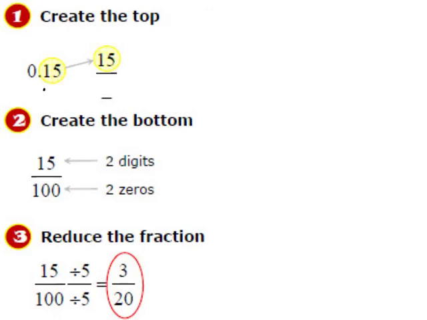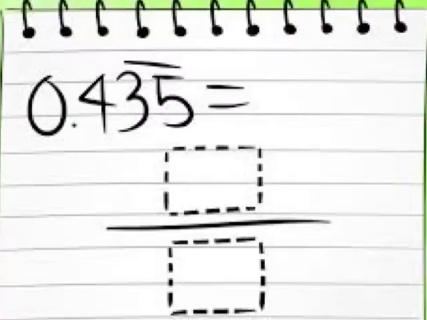This is tenths, and this is hundredths, so we know we would put 100 on the bottom, 1 with 2 zeros for the 2 decimal places. And then we can reduce that fraction, again like I said, by the greatest common denominator, or greatest common factor, I'm sorry. Alright, let's go to the next page.